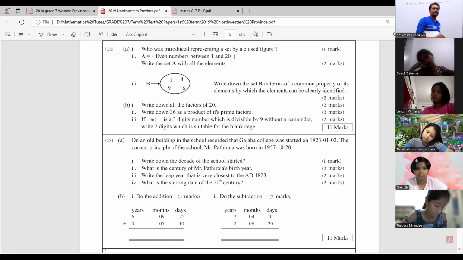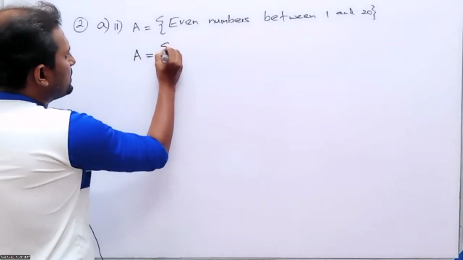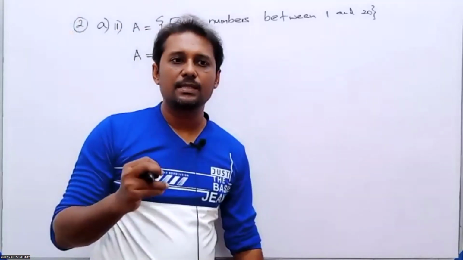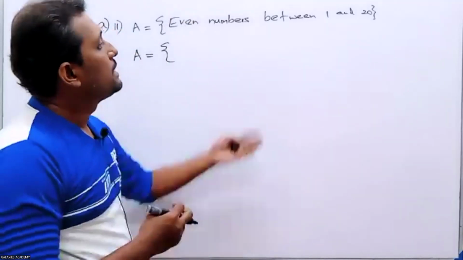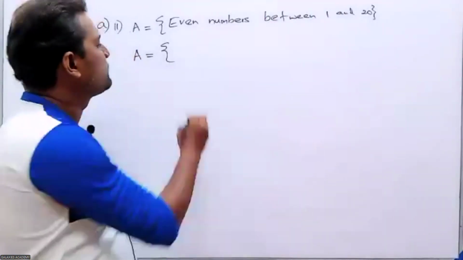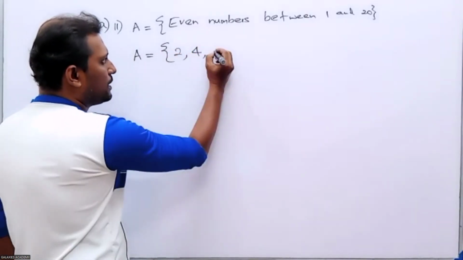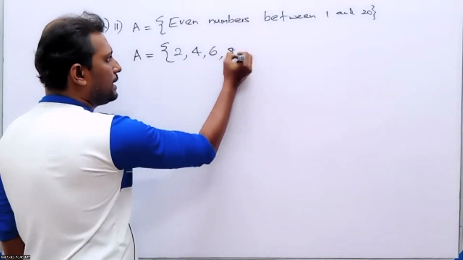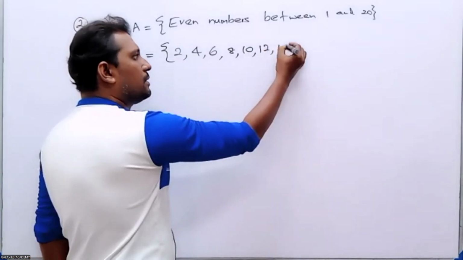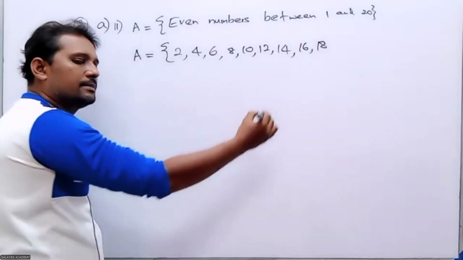That means you have to use the list of elements method. So what are the elements of these even numbers, right? You know the even numbers 2, 4, 6, 8, right? Between 1 and 20. So we can write 2, 4, 6, 8, 10, 12, 14, 16, 18. Next one 20.